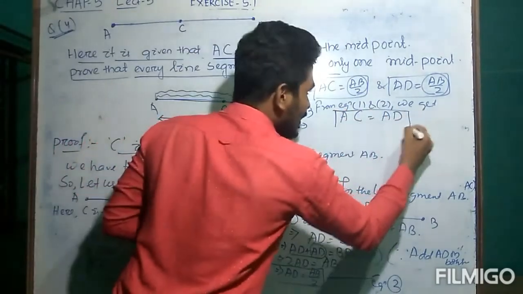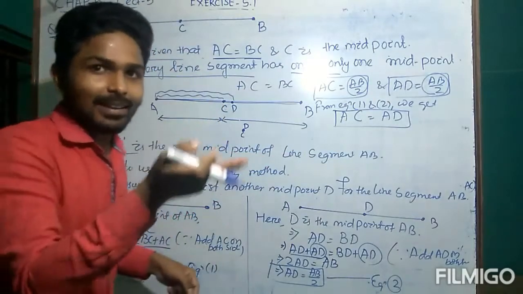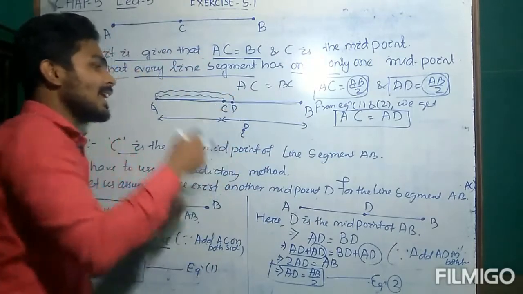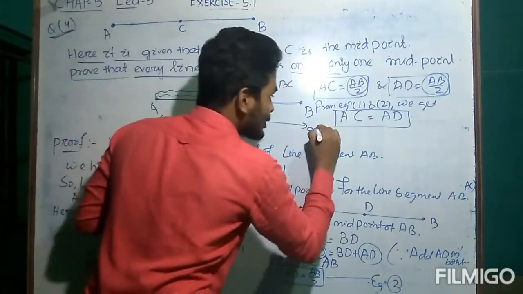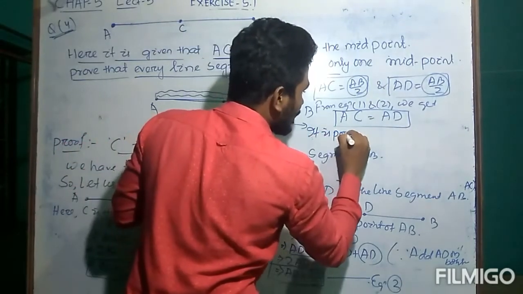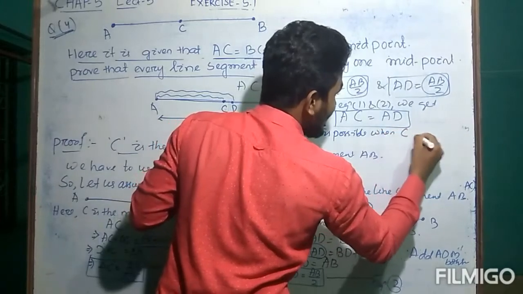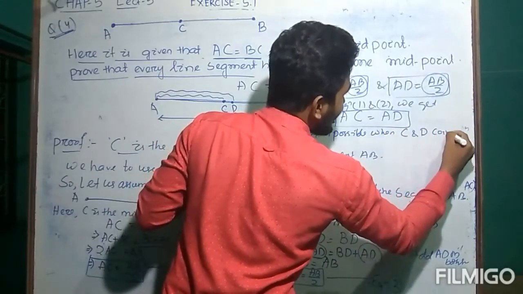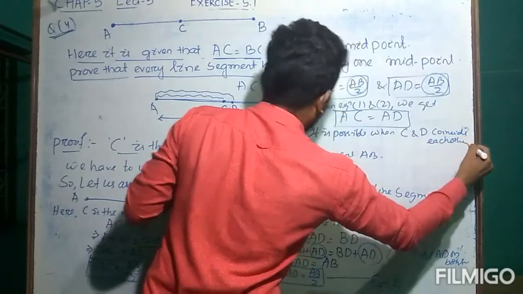This is the final result that you get: AC is equal to AD. But it is possible when? If C and D coincide each other. Coincide each other means what?